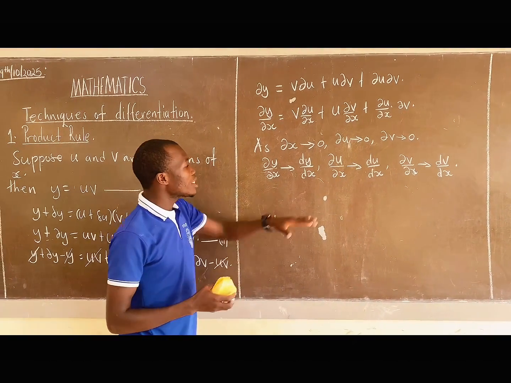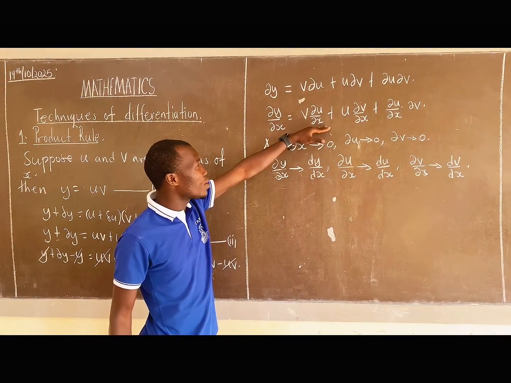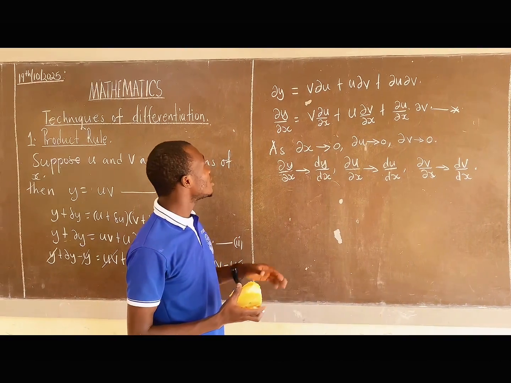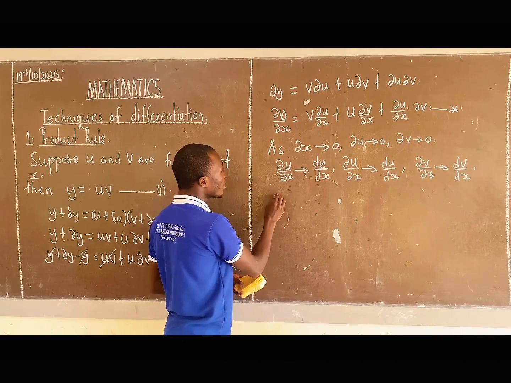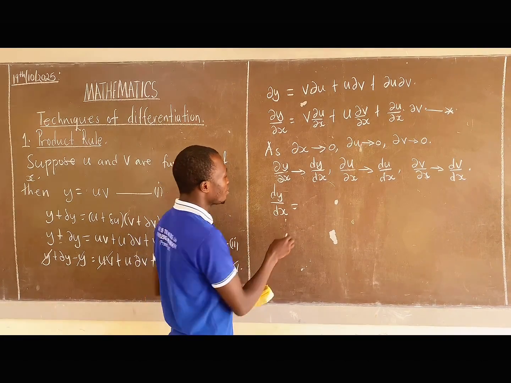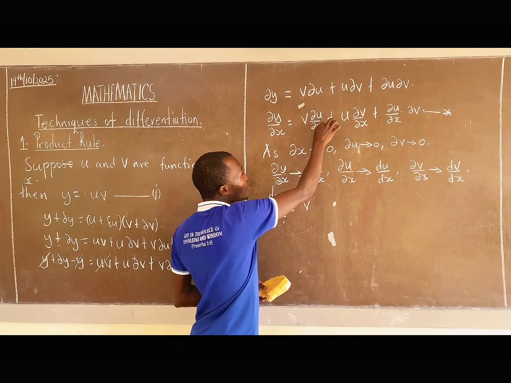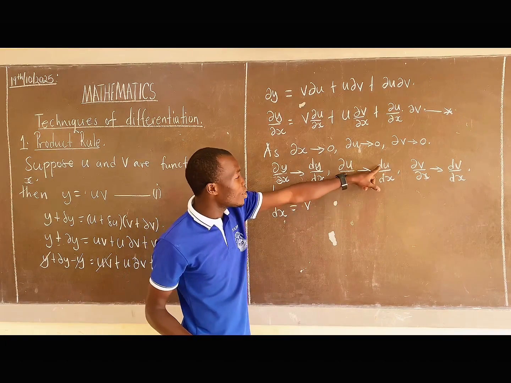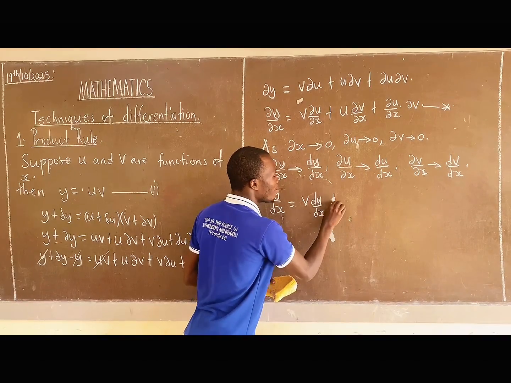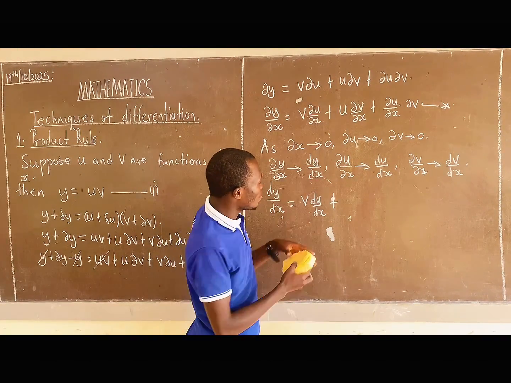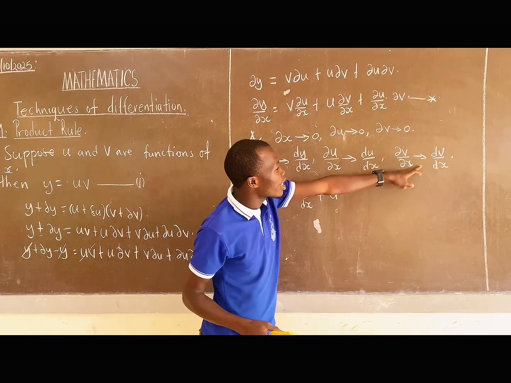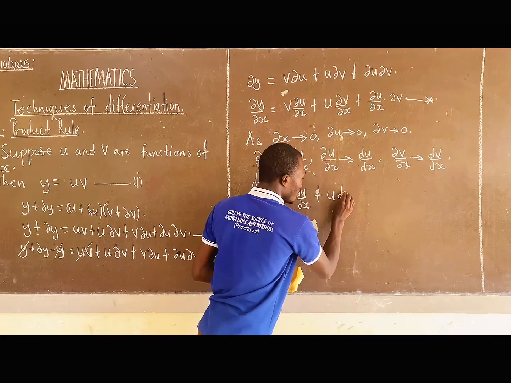Now when we substitute these conditions in our equation, let me call it star, since we are still working on it, we shall have dy/dx is going to be v times delta u over delta x, which is going to become du/dx, then plus u times delta v over delta x will become dv/dx.